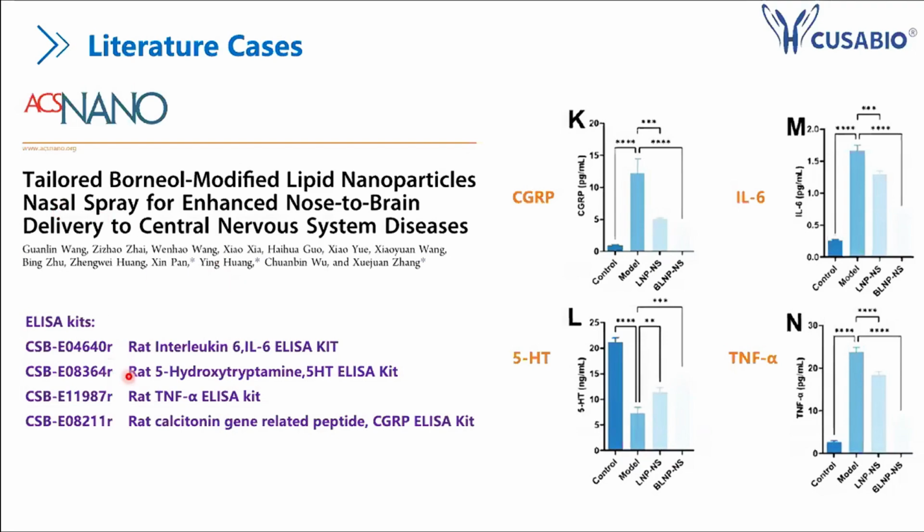So in this paper, the researchers used the 4 different ELISA kits to assess the expression of some biomarkers. So CGRP, IL-6, 5-HT, TNF-alpha. So they use this different ELISA kit to compare the expression of this target in the model group and comparing to the control group. So yeah, so I think they've got very good results.